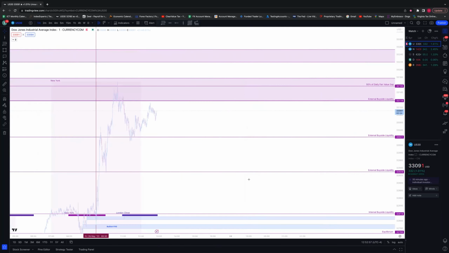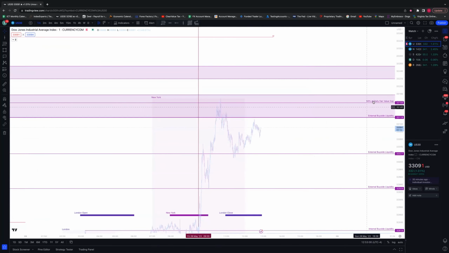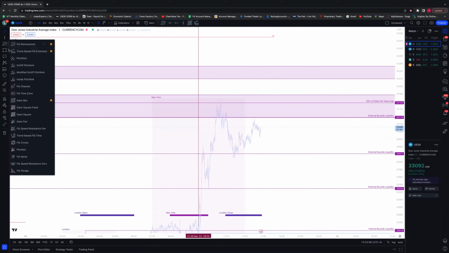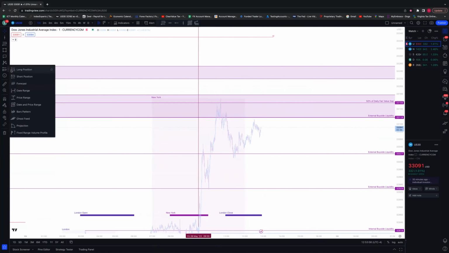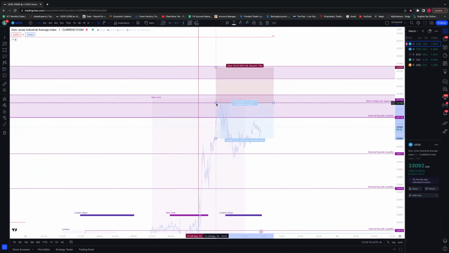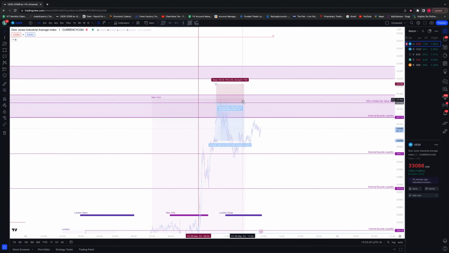So to assume that the 50% was right here, you could have set a pending order for a sell. Put your 50 point stop. For 100 points, take profit at least. And your trade would have hit.